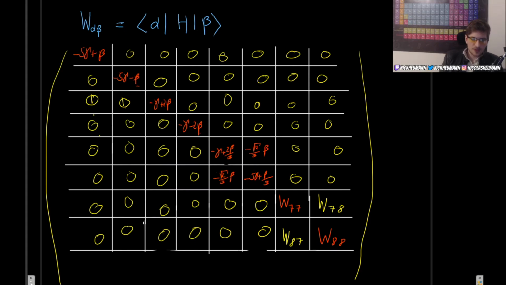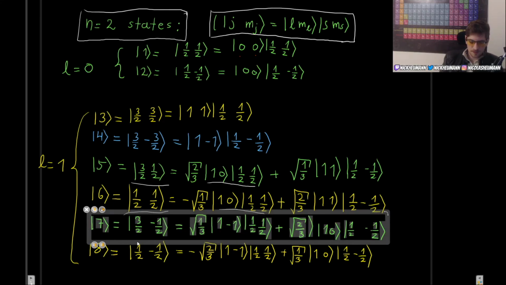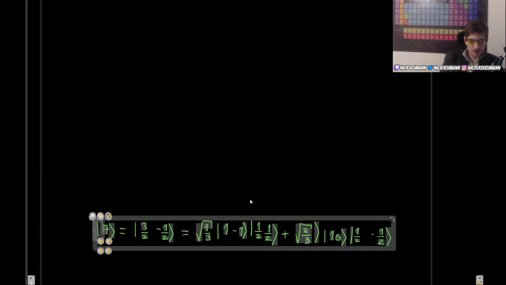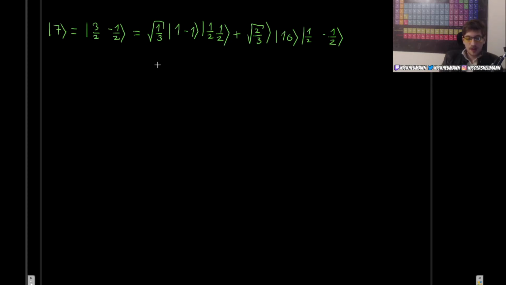All right, time for W77. So let's go ahead and copy state number 7. There we go. Okay, so this is state 7. All right, so W77, let's do it in the exact same way.